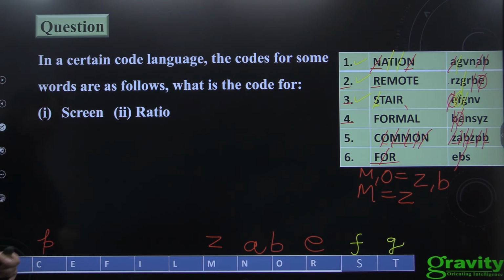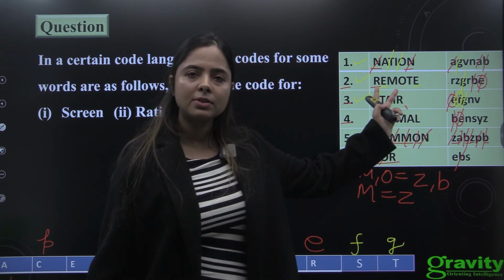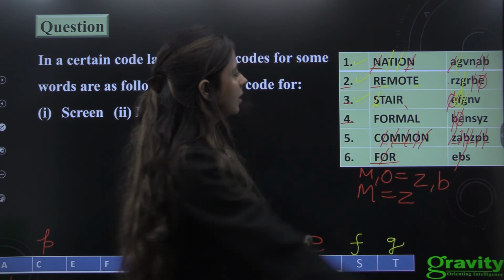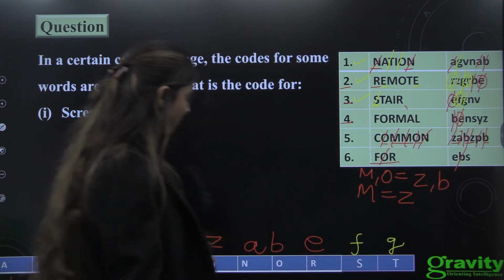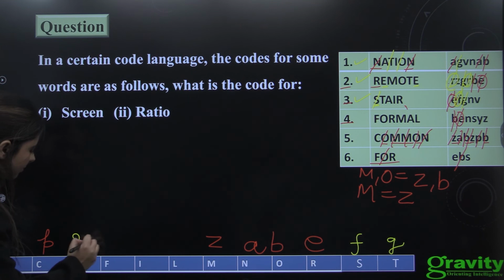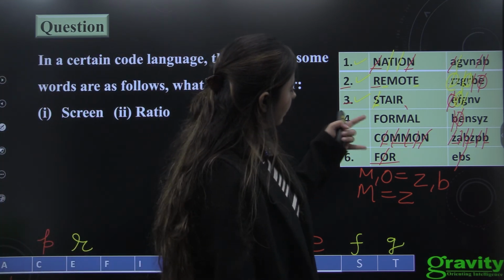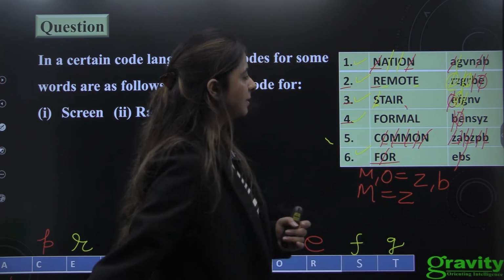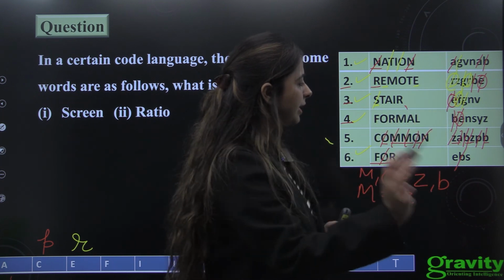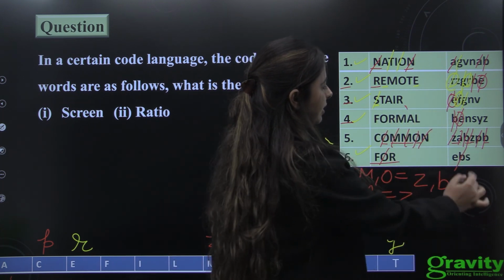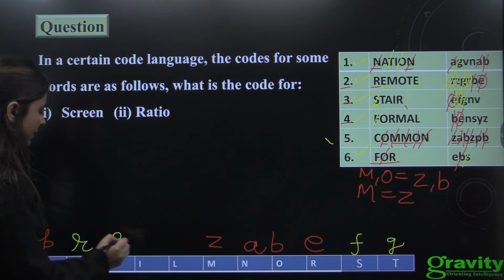A and E. Let's look for E. E comes twice here. What's the code coming twice? R. R should be E. F. 4 and 6. S. S, correct. B was already done. E was already done. F is S.